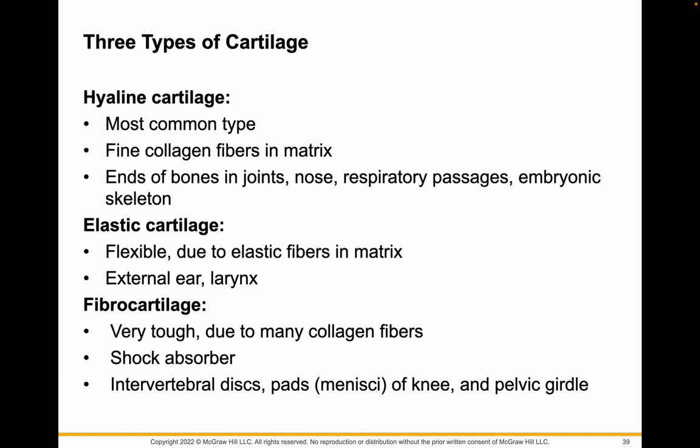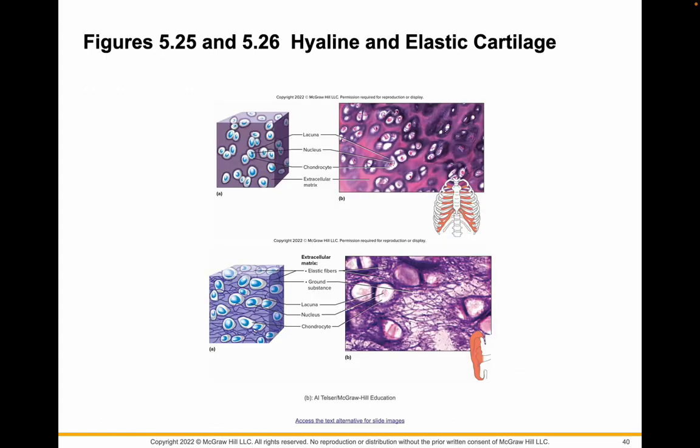Think about every day that we walk and stand and sit and fall down, our intervertebral discs are cushioned with fibrocartilage. You have menisci in your knee, that's fibrocartilage. And then in your pelvic girdle, where there's just a lot of pressure and we need extra cushion there, if you will.